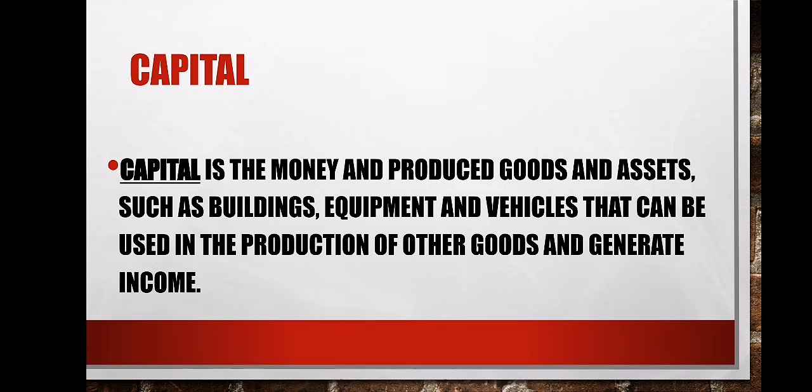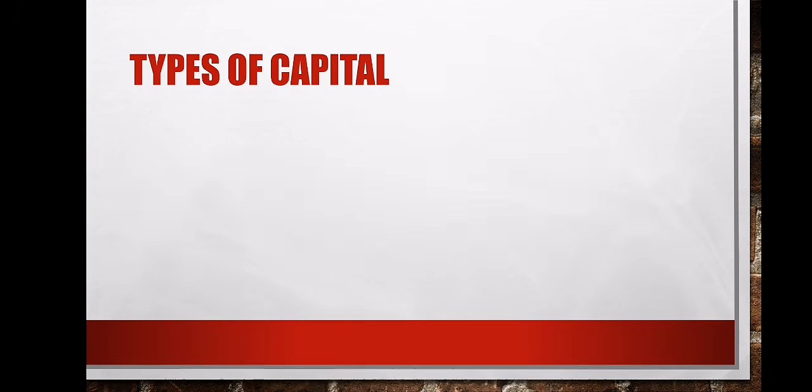Let's quickly look at the different types of capital. We have 3 types of capital, good people. Remember, I said master the name of the capital and example. We will also look at the definition a little bit. But one is that we have the first capital, or we call it fixed capital.